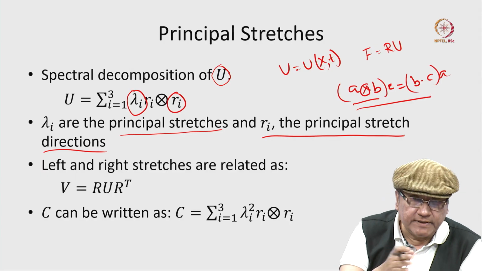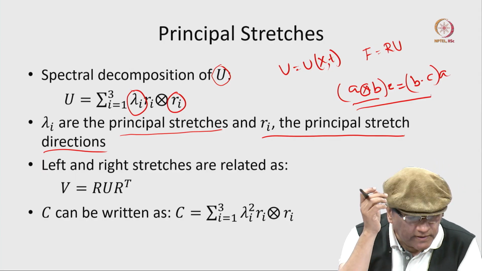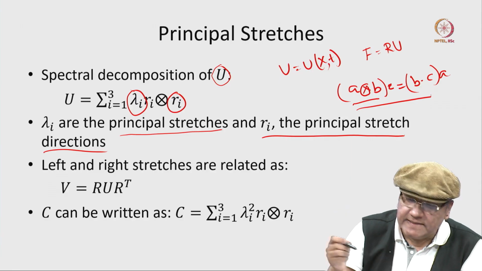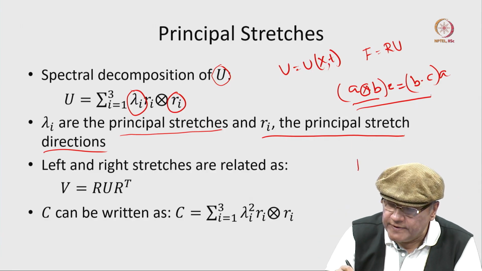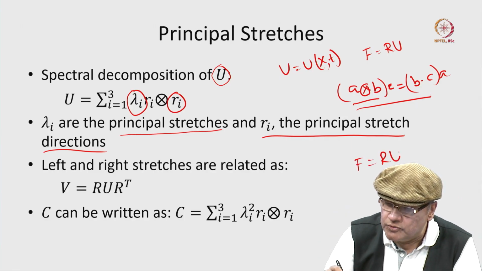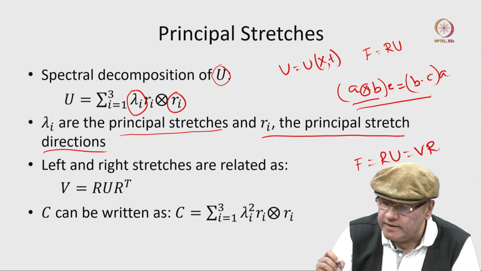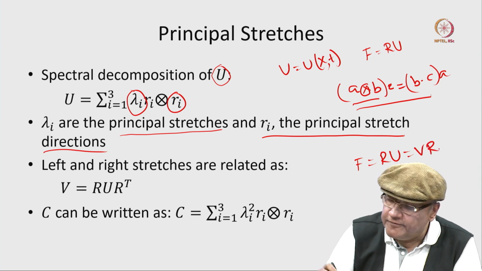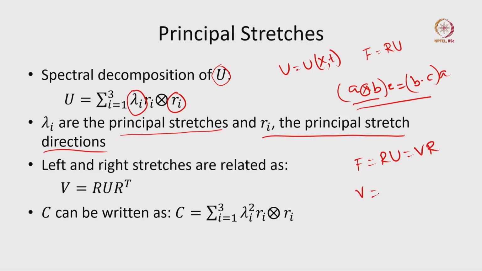Similarly, we can do this for the left stretch also, but I am not showing all this. And we can easily see that F equals RU equals VR. From here you can clearly see that V can be written as RUR^{-1}, and R inverse is equal to R transpose. This is exactly what is written here.